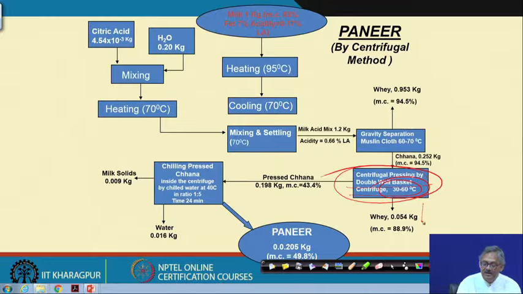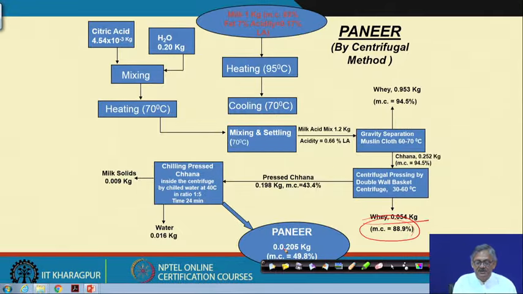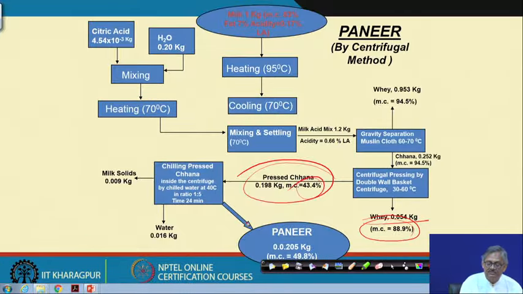Then we get whey out by this centrifugation, where we get 0.054 kg of whey with a moisture content of 88.9%, and we get pressed chana 0.198 kg with a moisture content of 43%. Then it is chilled.